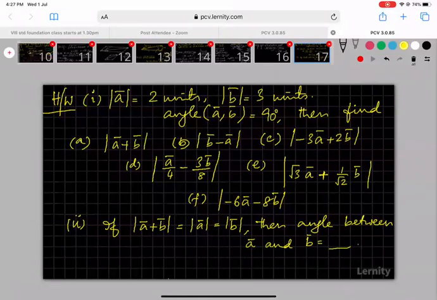I hope you can see the screen. These are some homework questions for today.